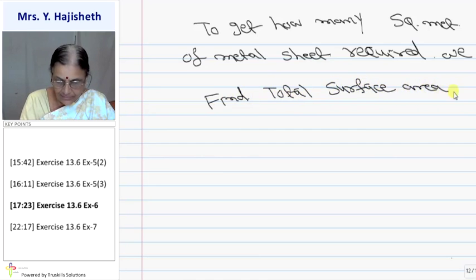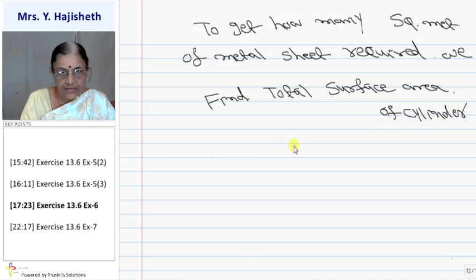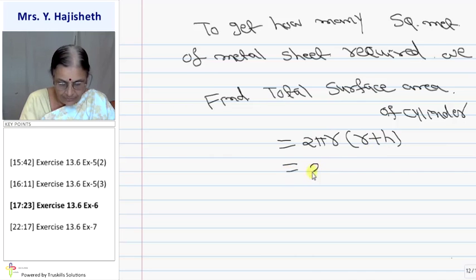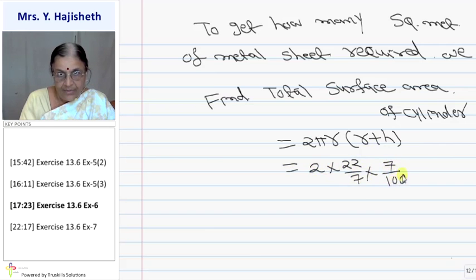Area of cylinder, okay? And what is total surface area of cylinder? Formula is 2 pi r bracket में r plus h. Put the value. 2 into 22 by 7 into r मतलब 7 by 100. And अंदर आएगा 0.07 plus 1.